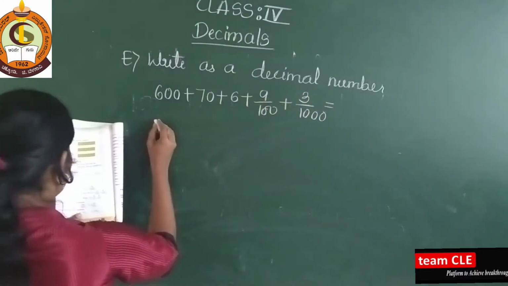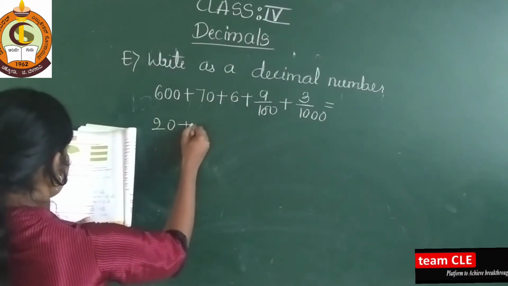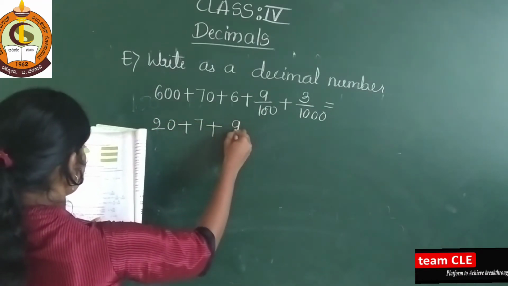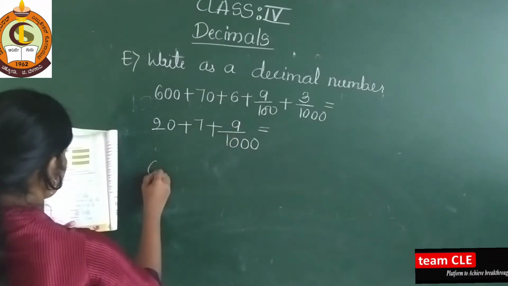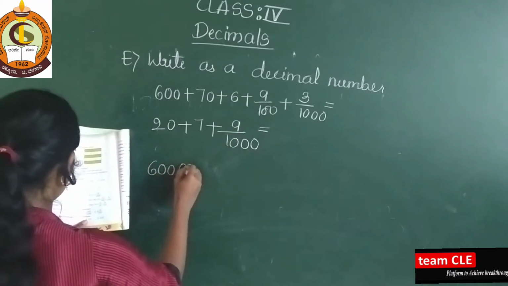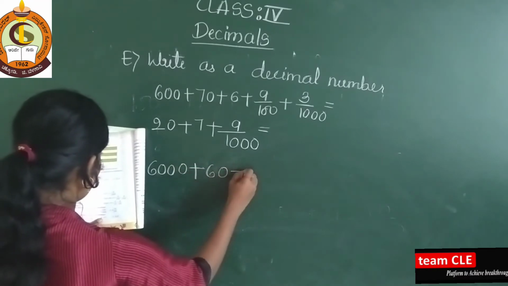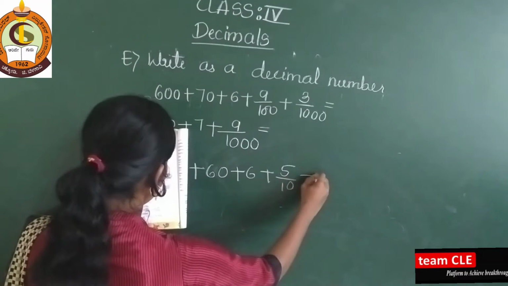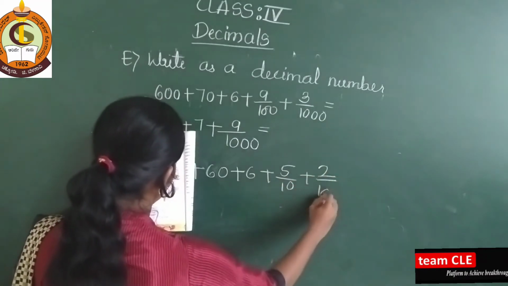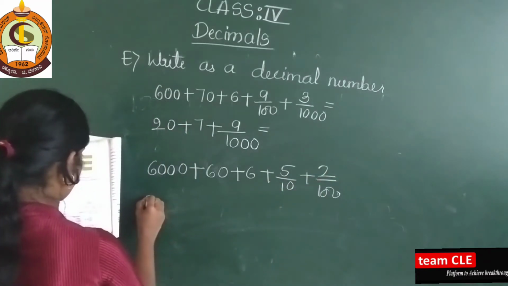Next: 20 plus 7 plus 9 by 1000. Next: 6000 plus 6 plus 5 by 10 plus 2 by 100. Next I will take one more example.